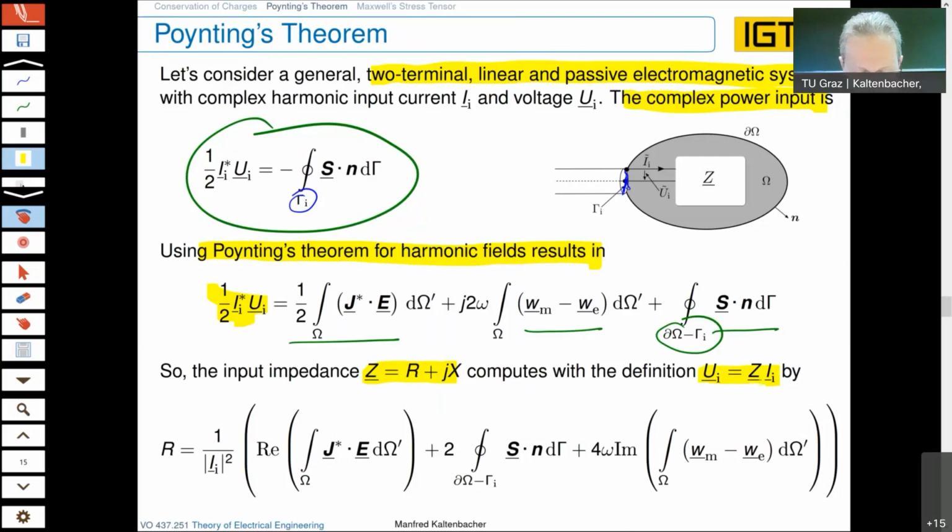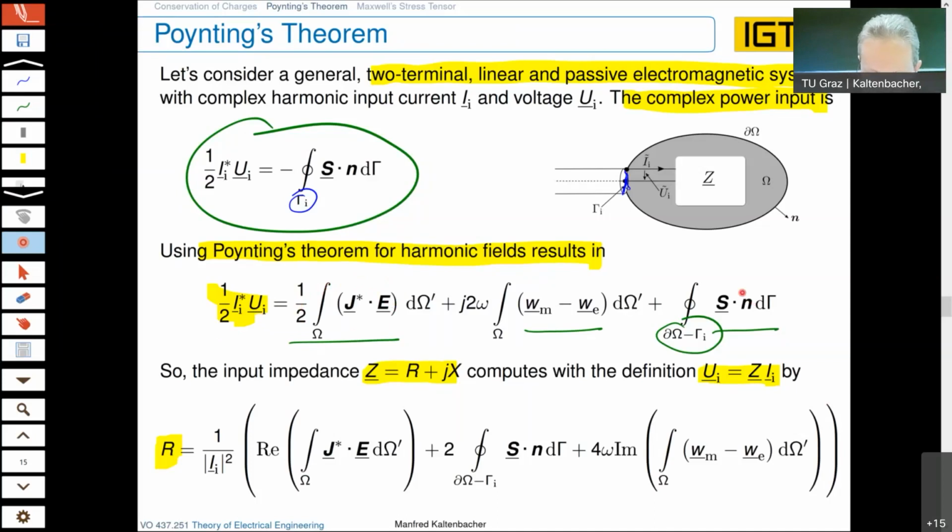If you look here at the resistance, we just take the real part of the impedance. And since on the left-hand side we have 1/2 times the complex conjugate of the input current and the voltage at the input terminals, we have to take the real part of this term here.